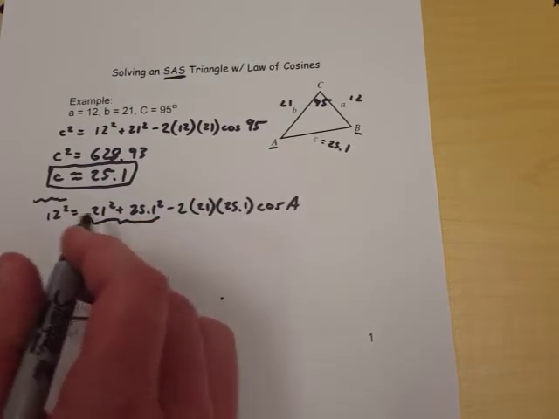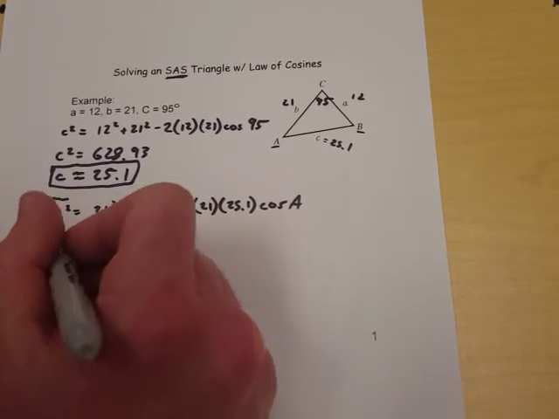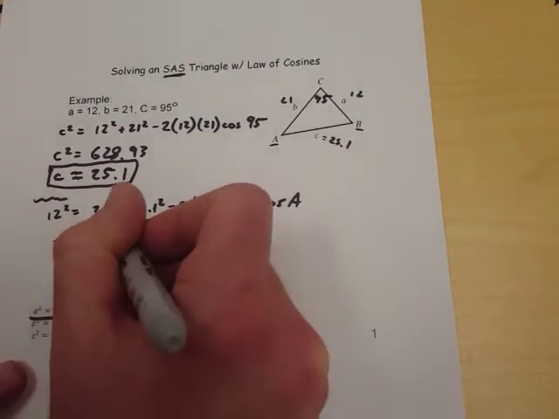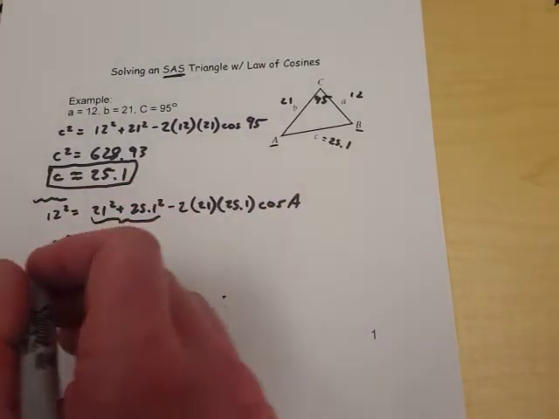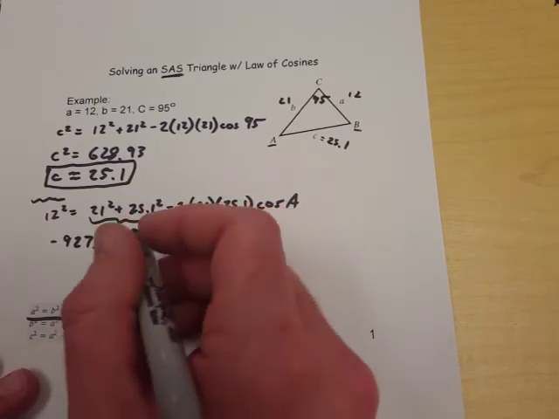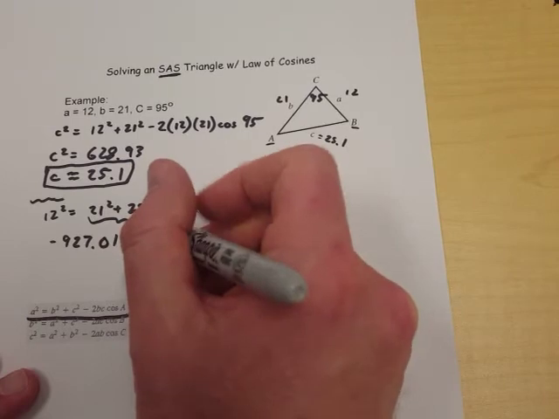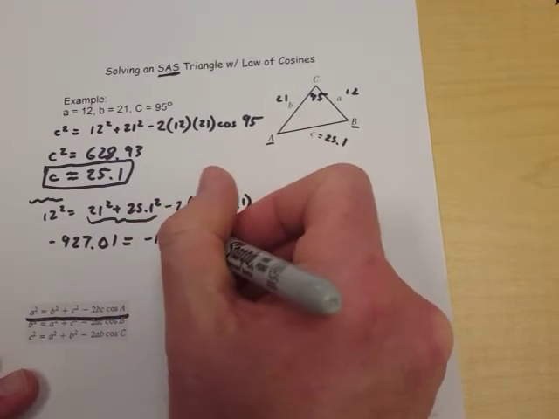What we'll end up with, just taking out some of the little details, is negative 927.01 on the left-hand side. If we just take all of this, subtract it from 12 squared. And then over here, if I multiply all those numbers together, that gives me about negative 1054.2.